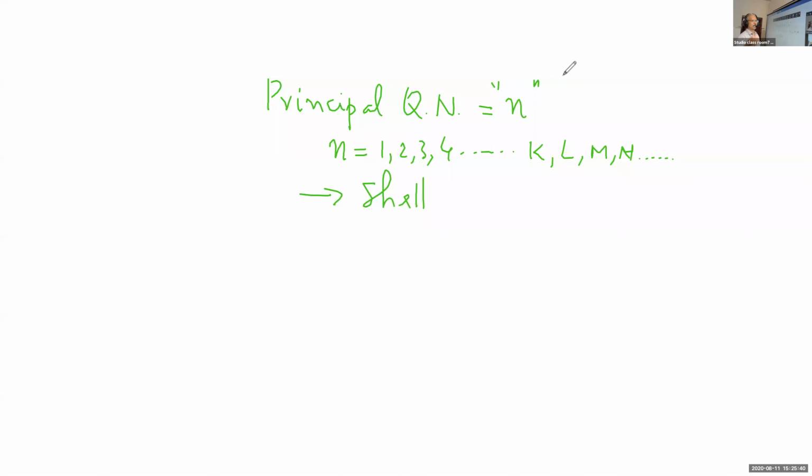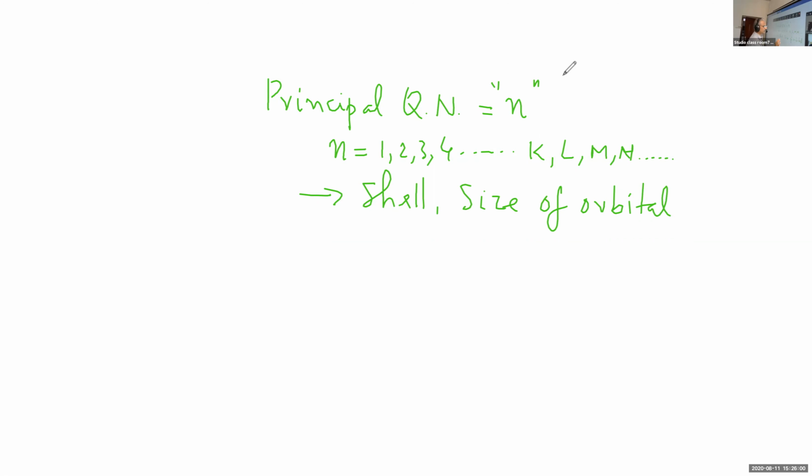Is it K shell, L shell, M shell, etc.? Not only that, it gives us the size of the orbital also. That is also obtained from the principal quantum number.